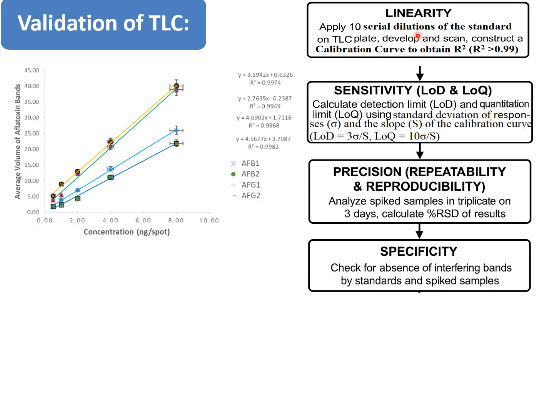For example, in thin layer chromatography, specificity is demonstrated if no other spot or band overlap or interfere with the analyte spot at its specific RF or retention factor value, ensuring that the measurement is solely due to the analyte.